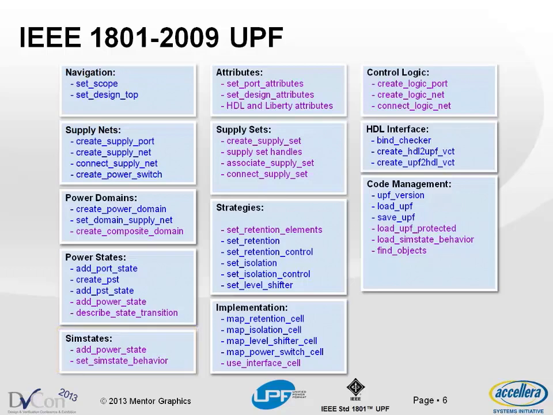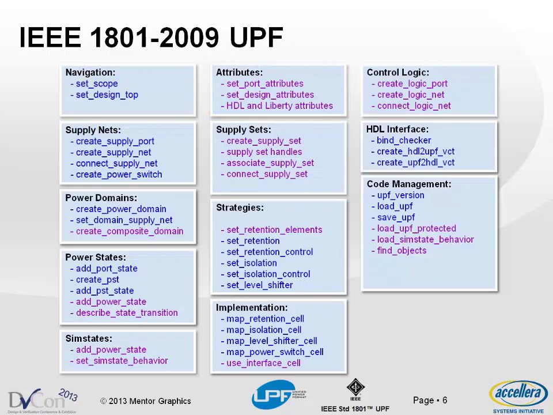It also allowed us to talk about attributes of objects, namely the driving and receiving supplies of the pins or the ports of a cell or a macro or whatever. This is something that you didn't have the ability to talk about in UPF 1.0. In 2.0, you now have the ability to talk about these characteristics, and that enables a more complete flow from the point of view of dealing with the kind of practical issues that come up when you're doing design and verification.